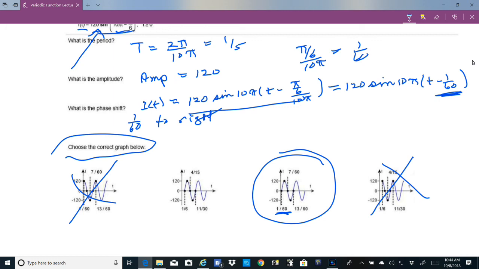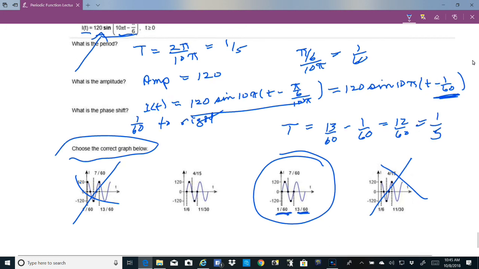Notice that the period, which we know is 1/5, is correct on this graph. Taking 13/60th minus 1/60th, which is the distance between 2 points where the value is 0, we get 12/60 equal 1/5, which is what we expected.